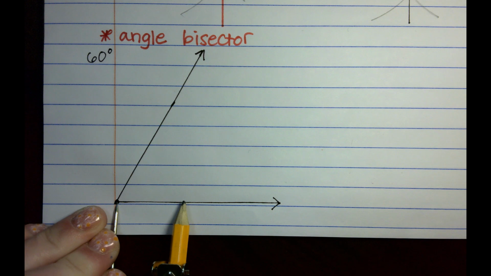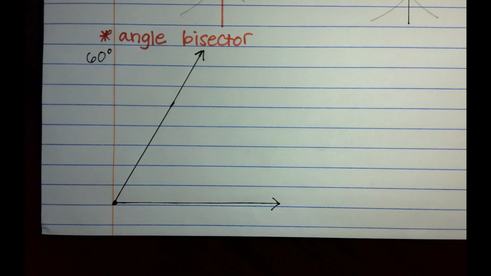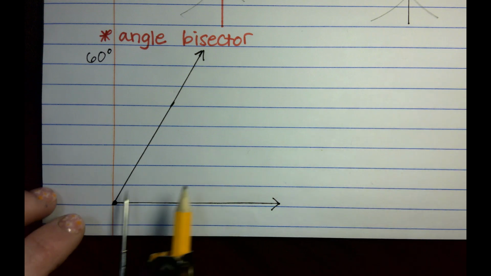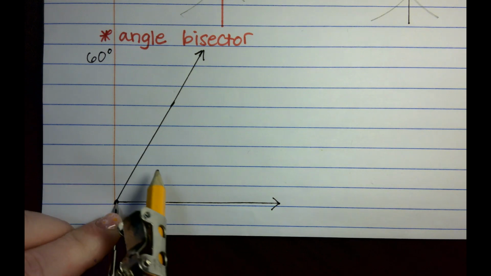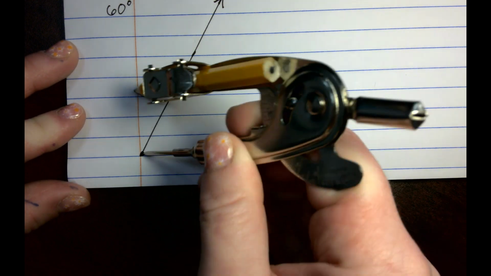I always say, as a rule of thumb, it's good to have your compass opened a little less than halfway on the angle bisector. However, you can still do it if it's opened bigger. It just might take up more space on your page. So let's start by holding it here.